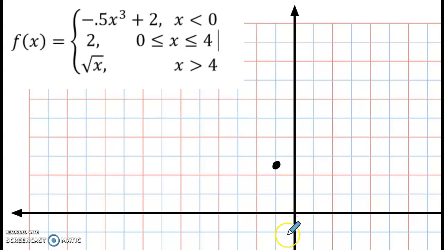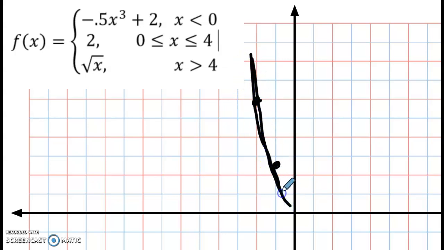That's what happens when I put negative 1 in. When I put negative 2 in, negative 2 cubed is negative 8, but negative a half times negative 8 is 4, plus 2 is 6.